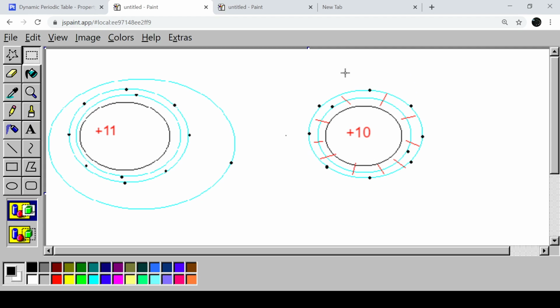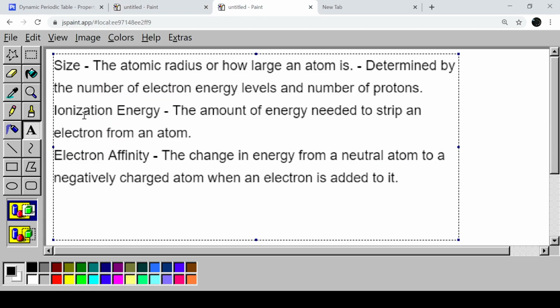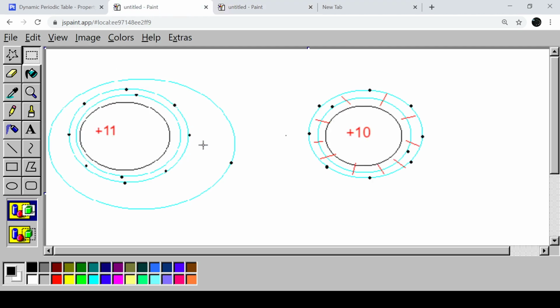All of these are being held really tight, whereas this one is loosely held at the edge. So ionization energy is going to be inversely related to size, because the larger the size, the less pull there is on that electron, and there's less of a hold on it.